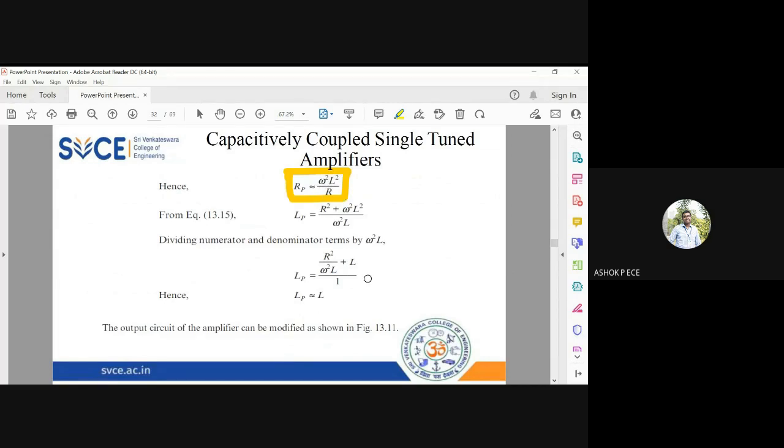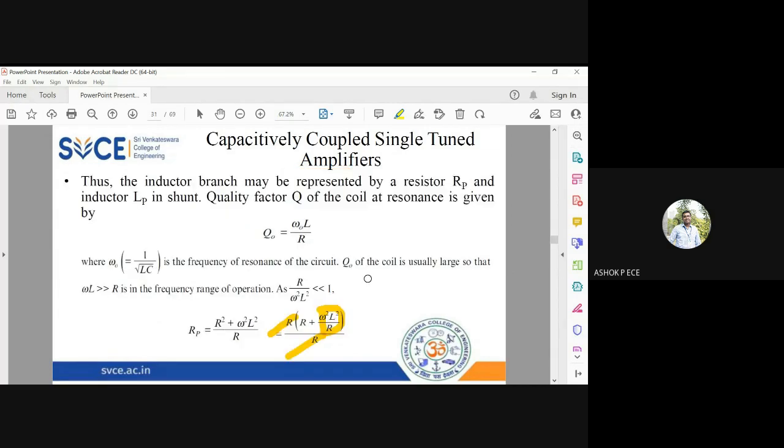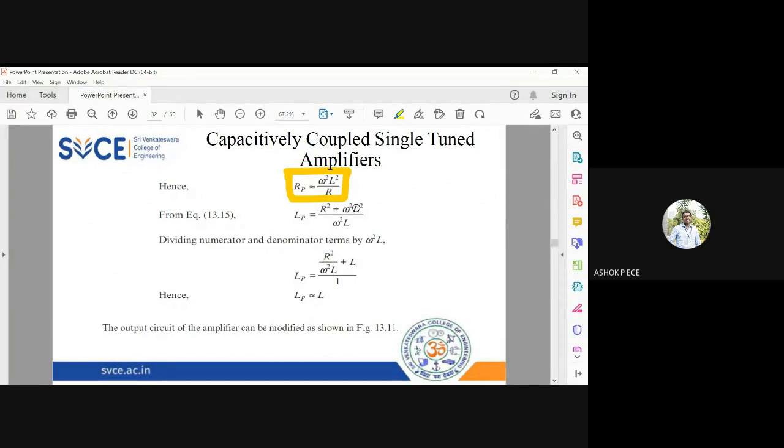And when you take LP, R square plus omega square L square by omega square L, divide each term by omega square L, you will get R square by omega square L plus L. And when omega is very, very large, the first term will be almost zero because of 1 by omega square. See, omega itself is in megahertz, so omega square will be 10 power 12. So 1 by 10 power 12 can be approximated to 0.